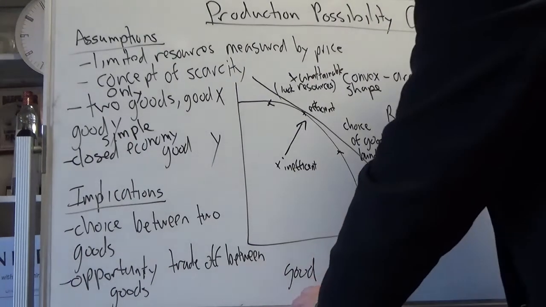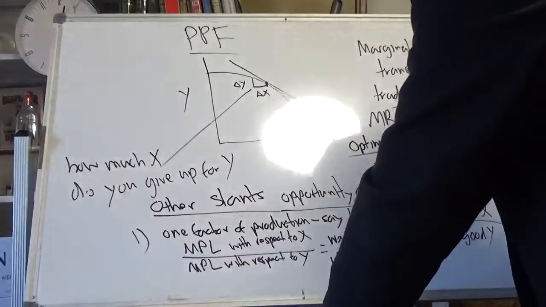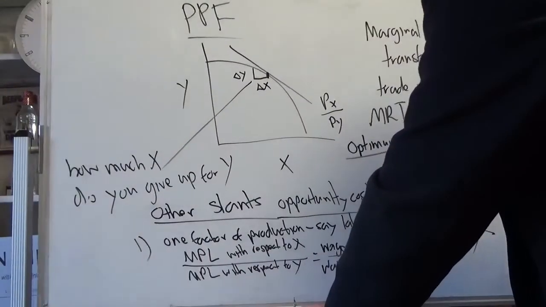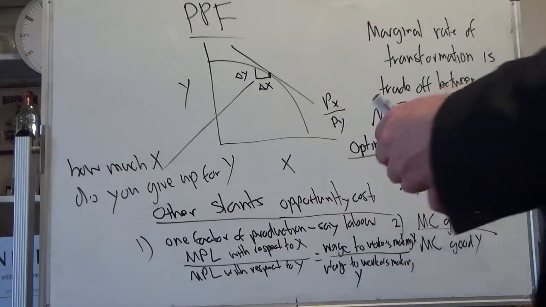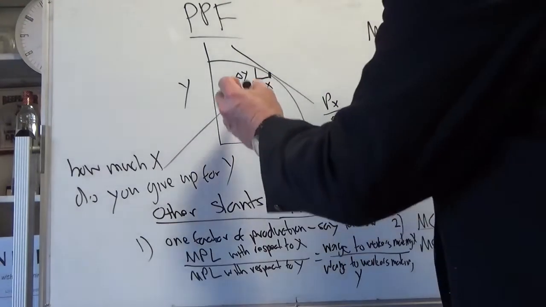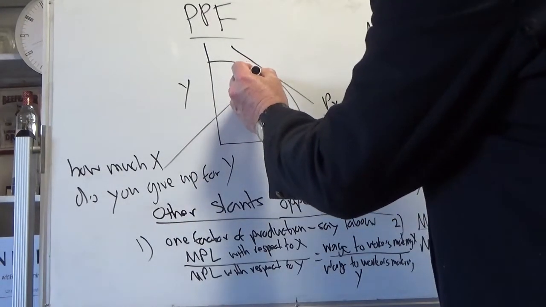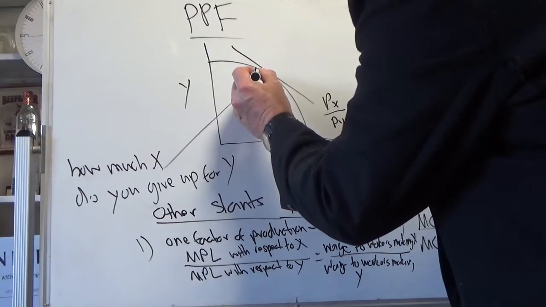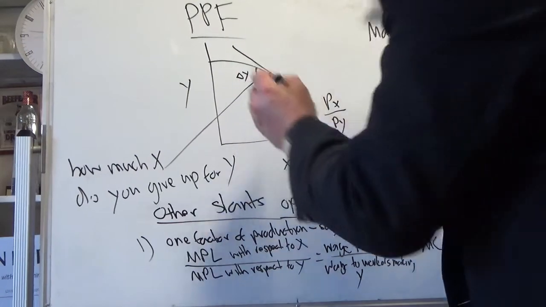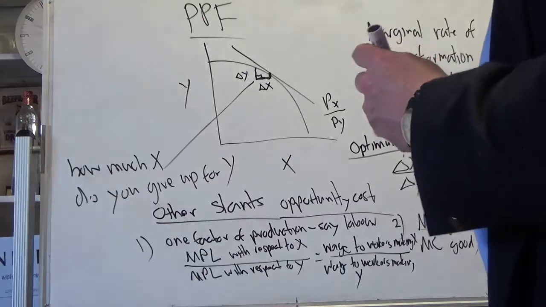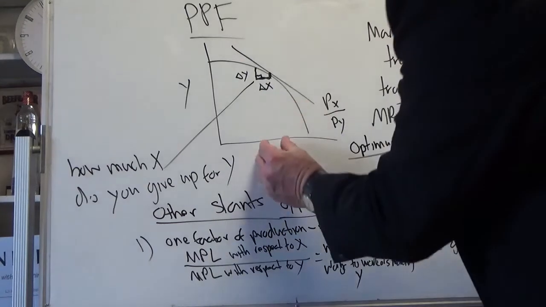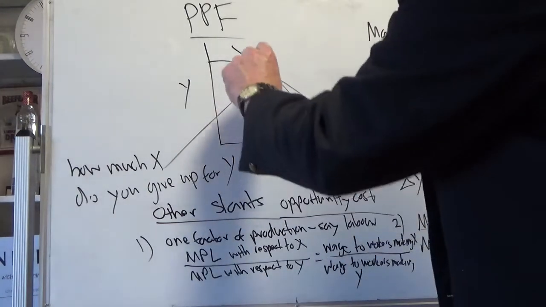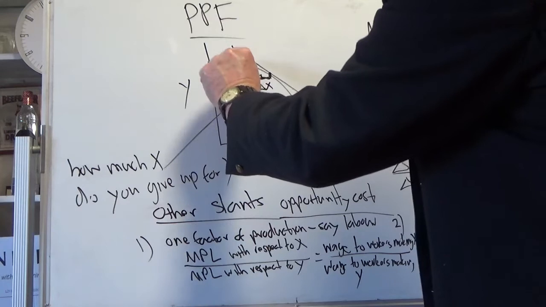Okay, I'll just flip the whiteboard over. So now we have to elaborate a bit. That trade-off is measured graphically in this little right-angled triangle here. The concept of opportunity cost is how much of good X I have to give up to get more of good Y when I move along the PPF.